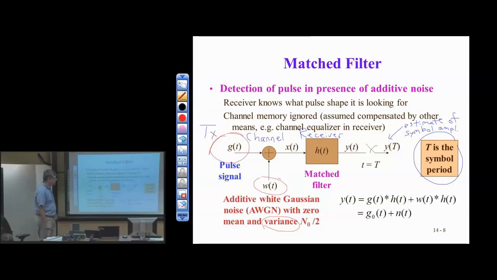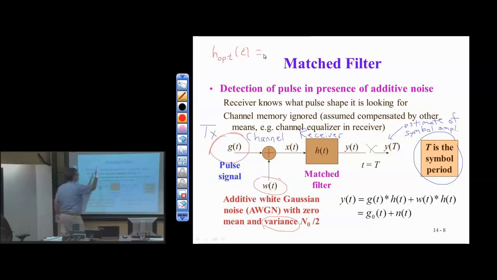So the match filter will have the same frequency selectivity as the pulse shape. And we've seen the formula already from the end of part 1. The best we can do for the match filter, the optimal choice for the impulse response, completely depends on the pulse shape.